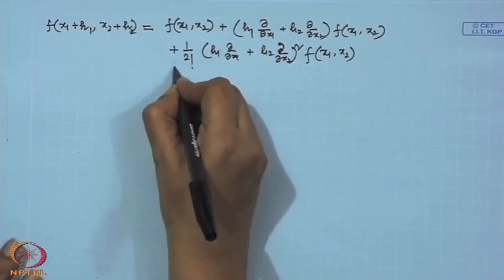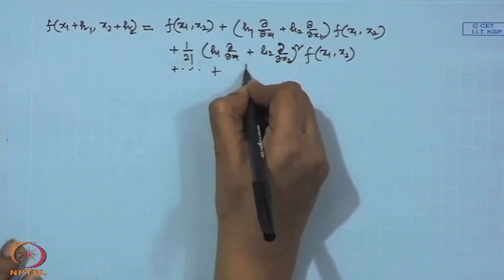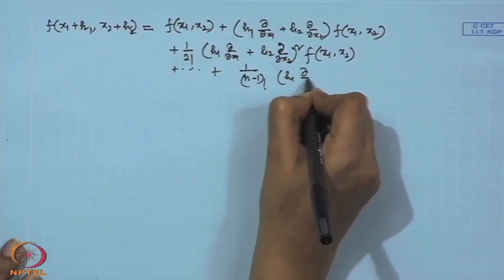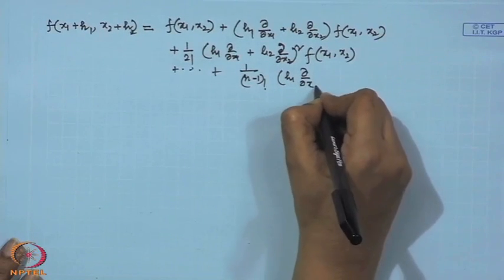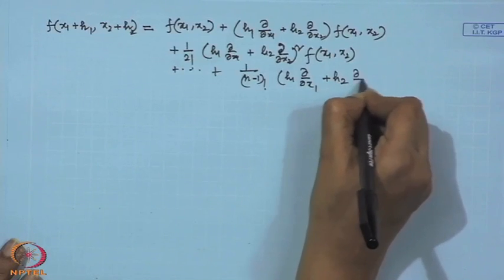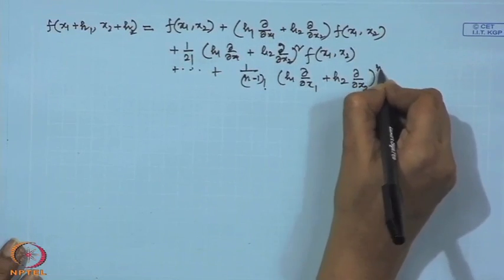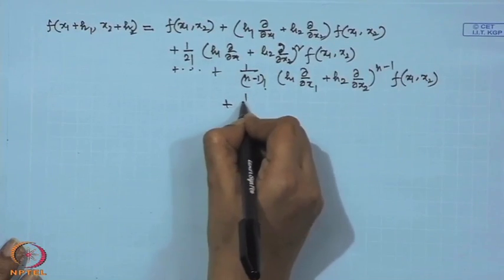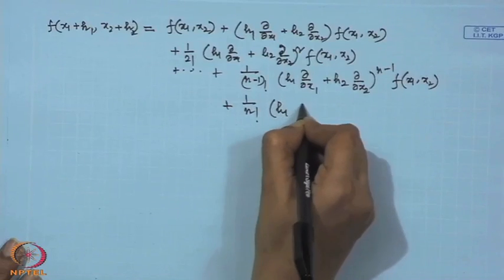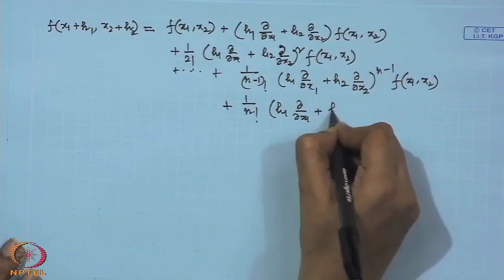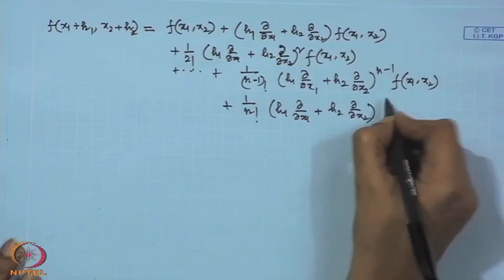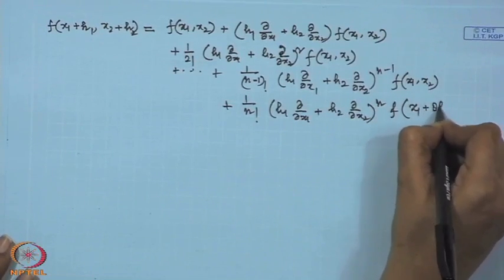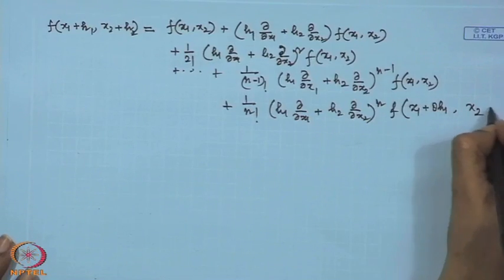And if I just consider up to n terms, then it would be up to 1 by n minus 1 factorial times h1 del x1 plus h2 del x2 whole to the power n minus 1 of f of x1, x2, and the nth term would be 1 by n factorial times h1 del x1 plus h2 del x2 to the power n, but in the remainder term there will be the involvement of theta, where theta will lie between 0 and 1.